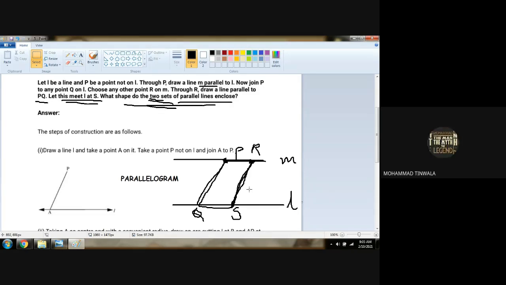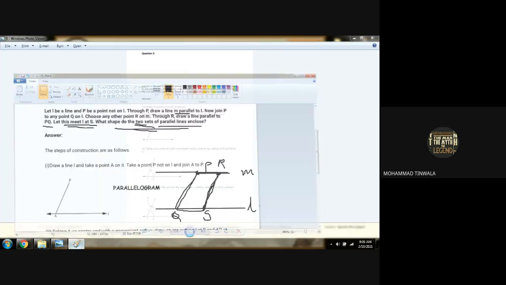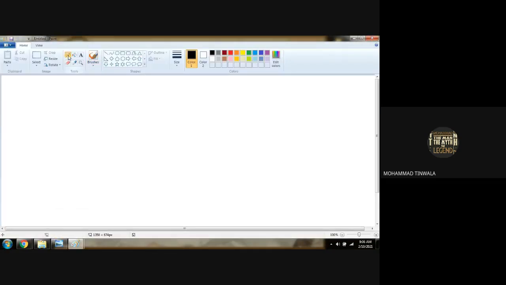This is the construction we have to draw in question number 3. So let me go through it in the answer column. Let me open Paint. Yes, here it is. What did we have to take first? Line L. Okay, we took line L here.